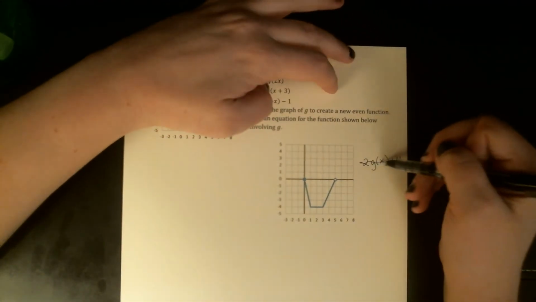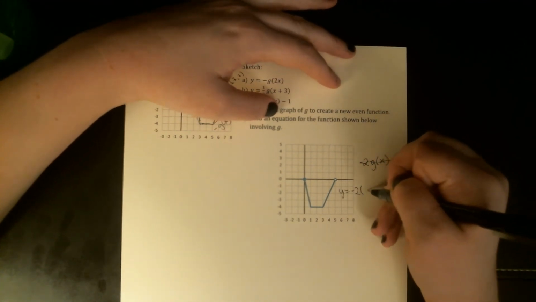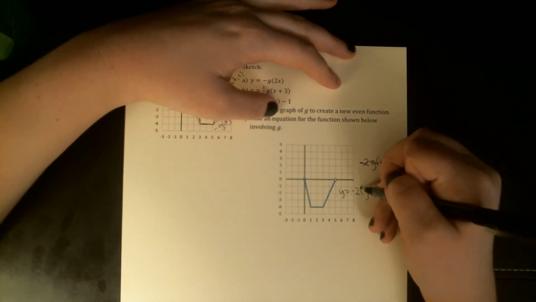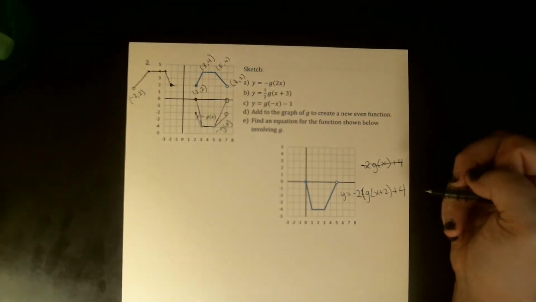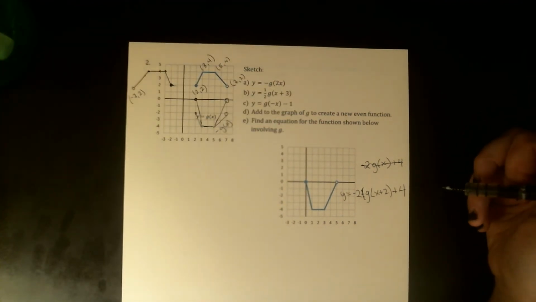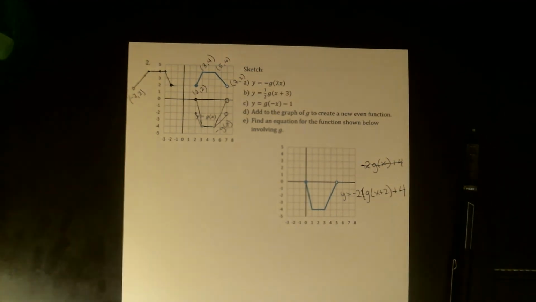Okay, so this isn't quite right. So I am seeing a -2 g of x plus 2 to get it to shift left 2. I don't really need another set of parentheses here. And then shifting up 4 also has to happen. Okay, so this, I think, will get me this final shape that I'm looking for. All right, thanks for watching.